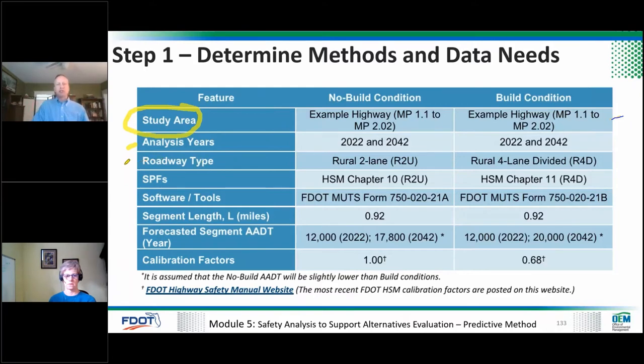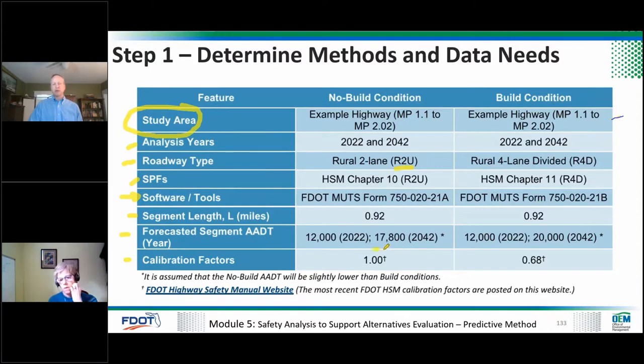So that's analysis years. Roadway type: in this case, we've got a rural 2-lane and a rural 4-lane divided. There are codes that apply, and that defines the safety performance function. And then, what are the tools we're going to use? We've shared some, and we're going to share some others later today. Here it's the FDOT modified HSM spreadsheets, and then we've got our segment length, our forecasted traffic information, and our calibration factors.